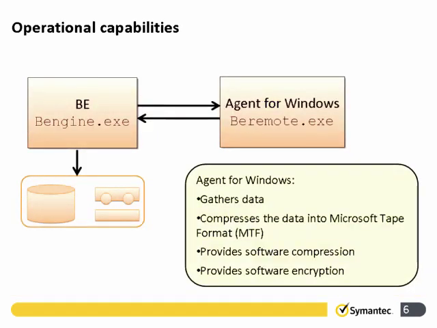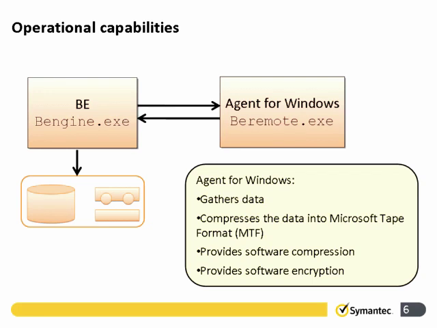So the Backup Exec engine on the server side is what kicks off the job, and it will send a message to the agent on the client side that says, please send me data. A backup job needs to begin. beremote.exe is the actual agent executable that is responsible for gathering the data, compressing it into Microsoft tape format or MTF.